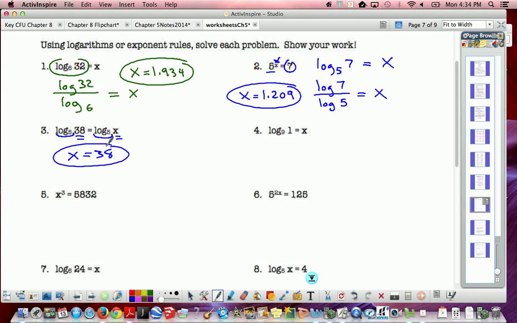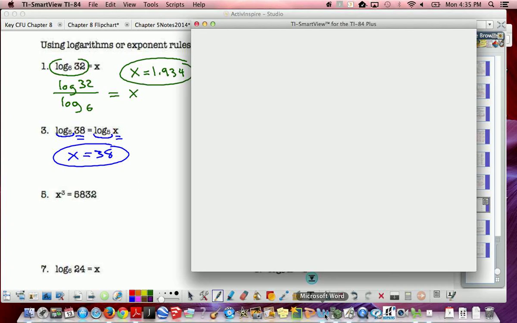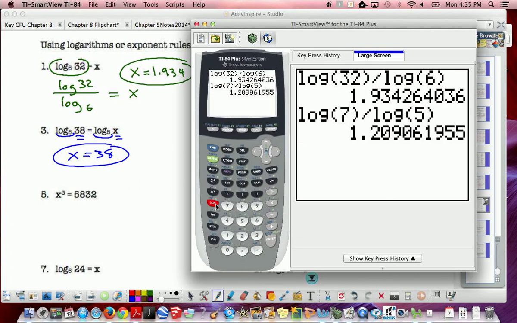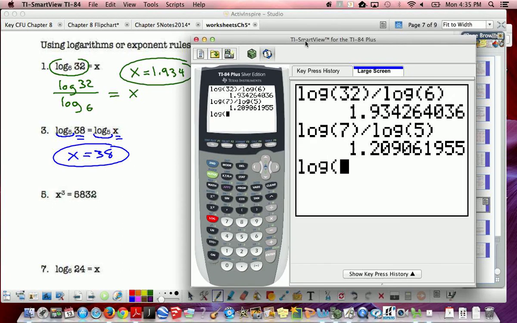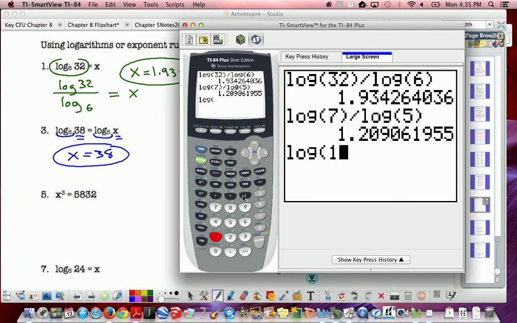So then on the next one, number 4, you're given this one in log form. You could do this by doing your change of base, so you could do log of the number over log of the base equals x. So I do this, log of 1 divided by log of 9, hit enter, and take a look, I get 0.